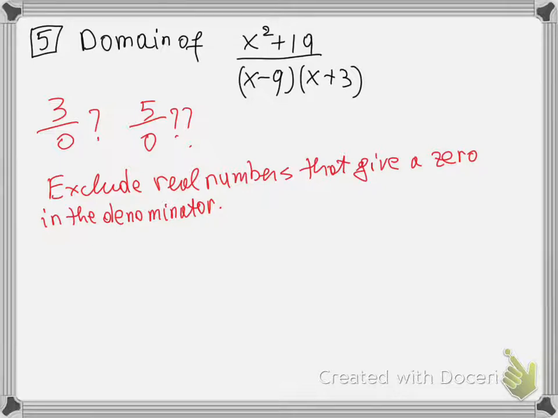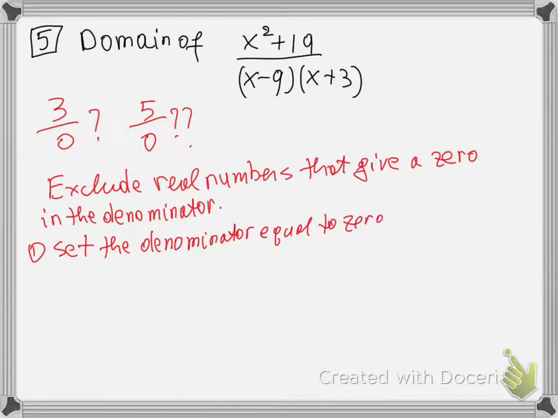So in the first step, we set the denominator equal to 0, in order to find those numbers.